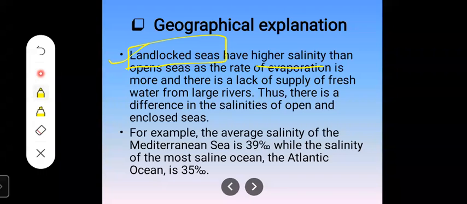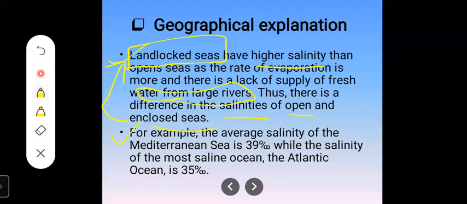That's why the evaporation rate will be more, and there is a lack of supply of fresh water from large rivers. So there is a difference between salinities of open and enclosed sea. Enclosed sea means landlocked seas.